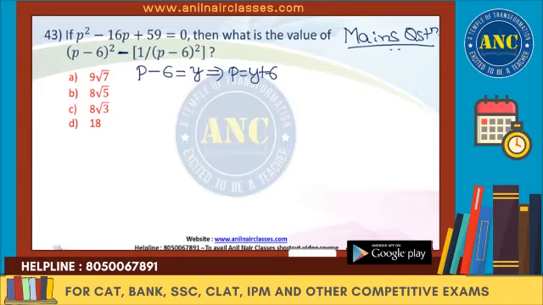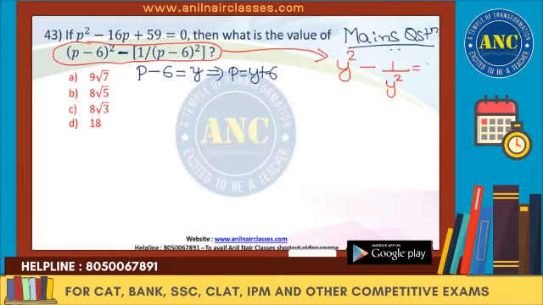Then this entire question reduces to p minus 6 whole square, that is y square, minus 1 by p minus 6 whole square, that is 1 by y square. So basically they are asking for the y square minus 1 by y square value in this question.